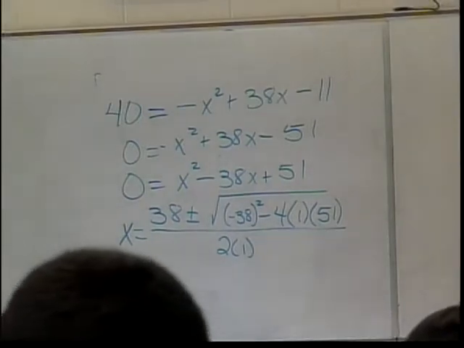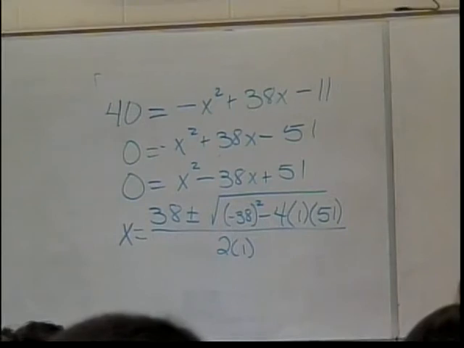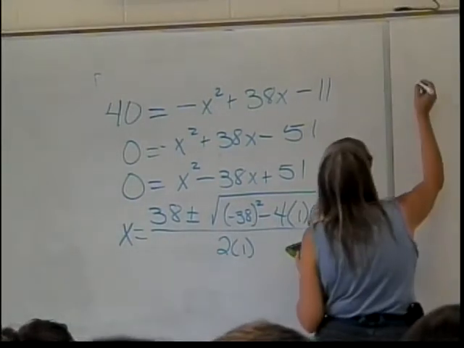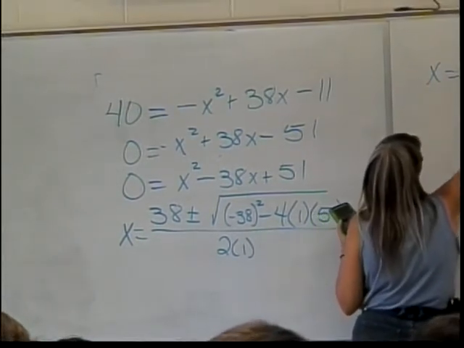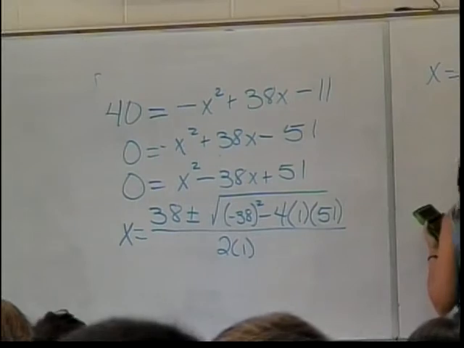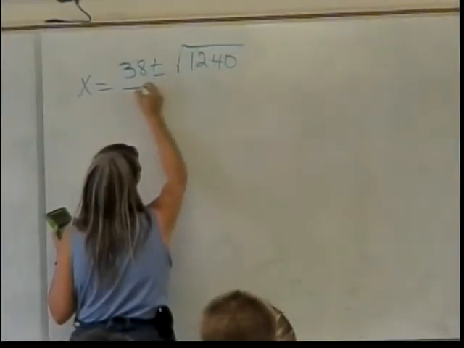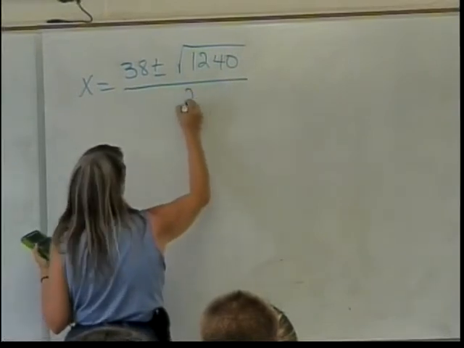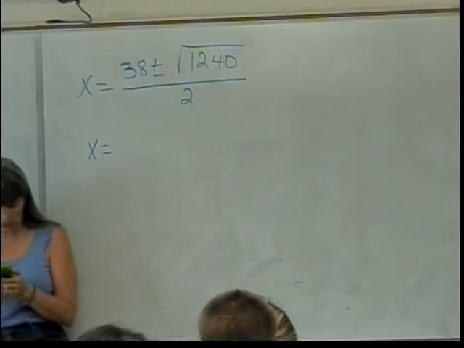Let's see. I have 38 plus or minus the square root of 1,240 divided by 2. So that will give me, let's see what the square root of that is.